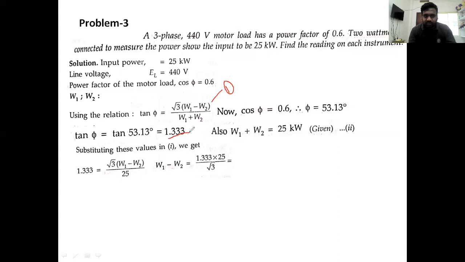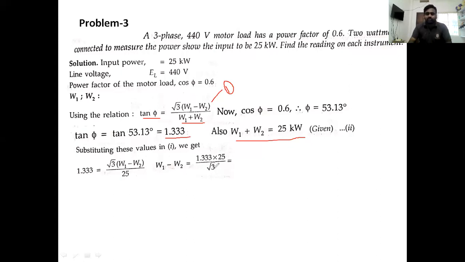So 1.33 is equal to root 3 into W1 minus W2 divided by W1 plus W2. What is the value of W1 plus W2? That is 25 kilowatts, which I substituted here. Equating LHS and RHS, W1 minus W2 is equal to 1.33 into 25 divided by root 3.